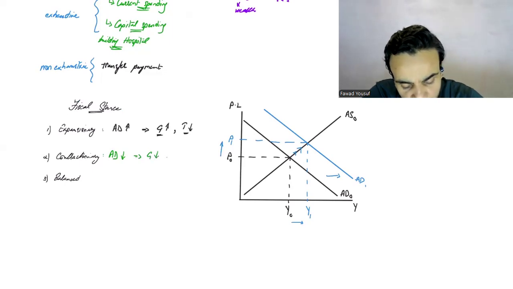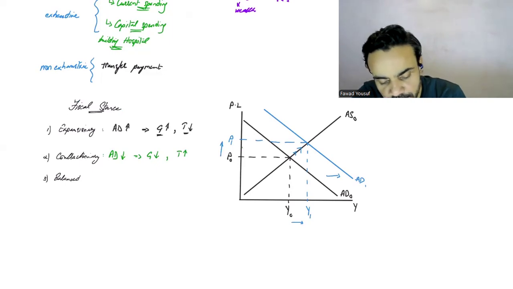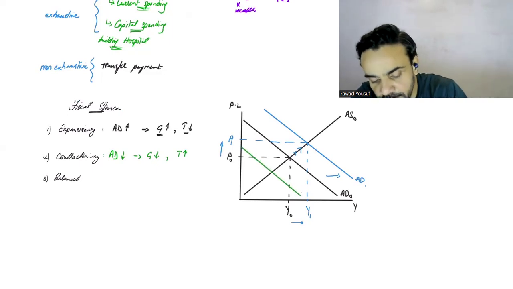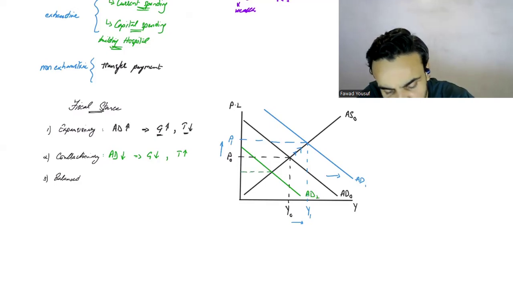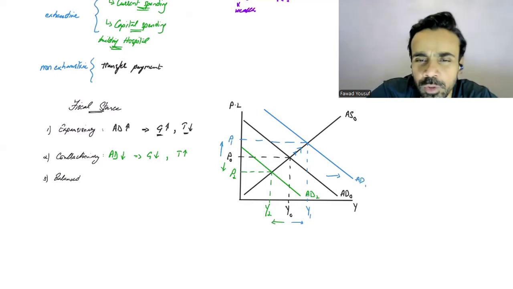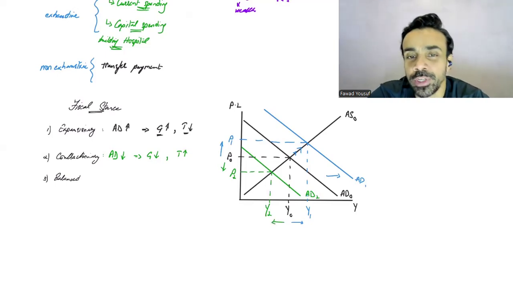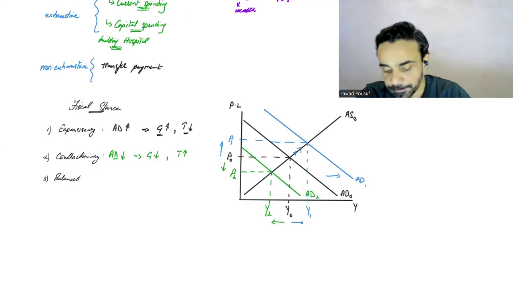So naturally, they'll go opposite: reduce government spending and increase taxation, because of which your aggregate demand is going to shift to the left. The reason why I said that this is mostly only to control prices is because no government in their right mind would ever want to reduce economic growth and reduce employment. Usually it's the pressure of inflation because of which they have these policies.